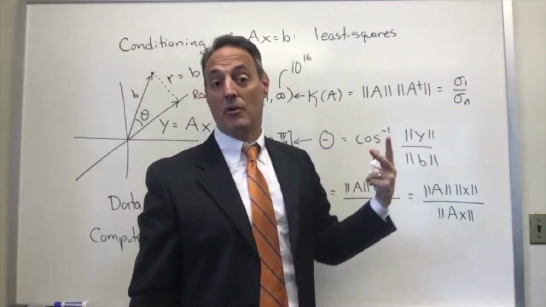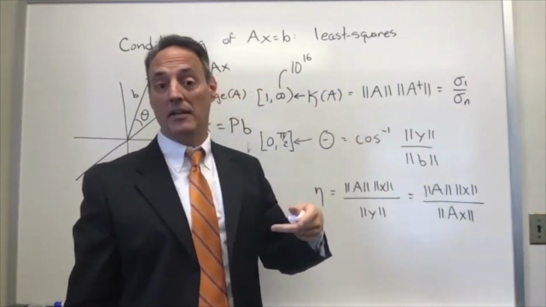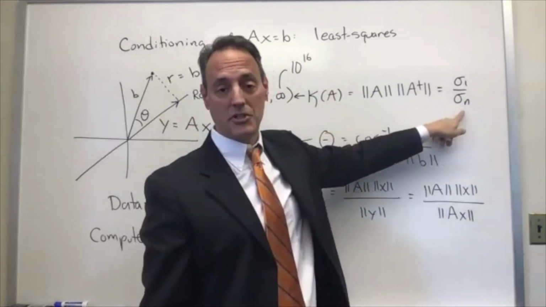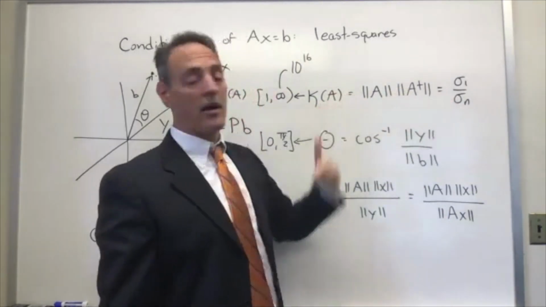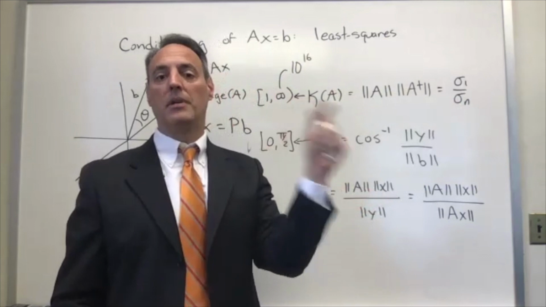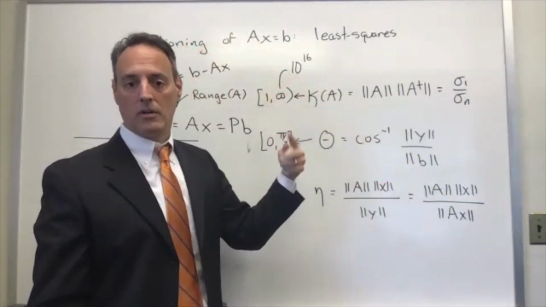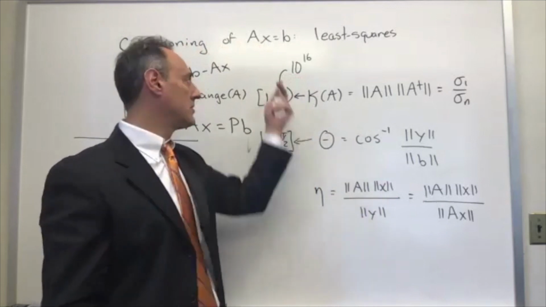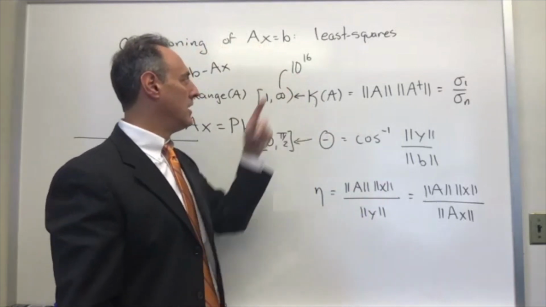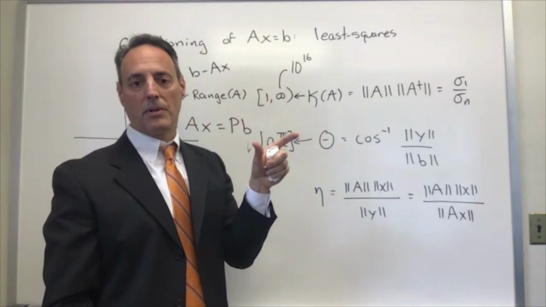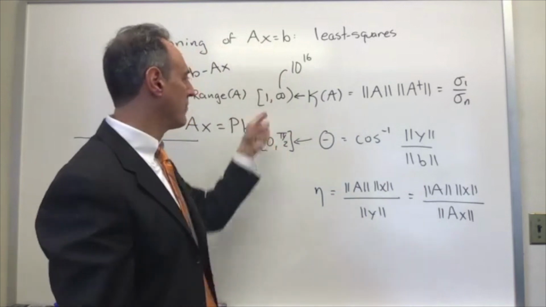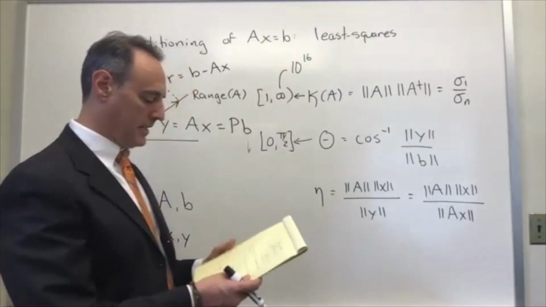In other words, if the matrix itself is not full rank and your sigma n is 0, then the condition number theoretically would be infinity. But when you actually compute these things, because of numerical double precision numbers, it's like 10 to the 16. And it reflects the fact that we have 16 decimal place accuracy. But it can go from 1 all the way up to 10 to the 16.